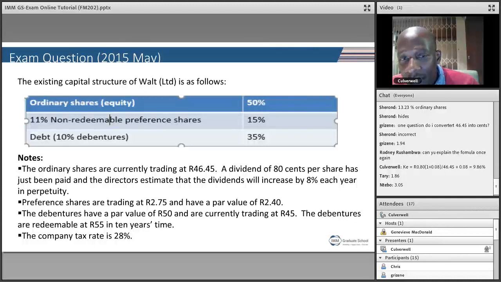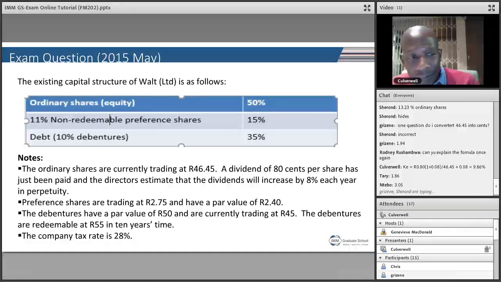You close the bracket, divided by P0. Your P0 is your market price. And the question said the ordinary shares are currently trading, meaning that's the current market price, at 46 rand 45, then plus your G, which was the growth rate 0.08. That's basically how one would have done the calculation of cost of ordinary shares.